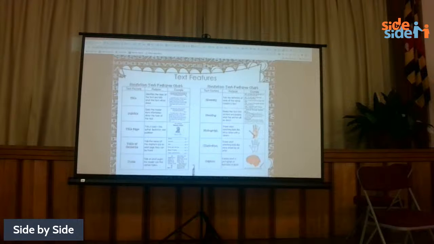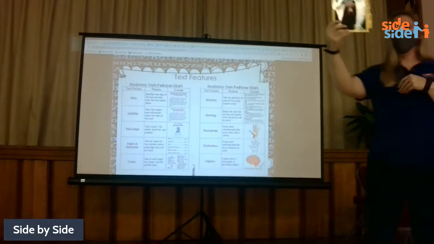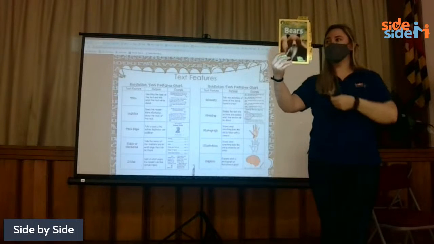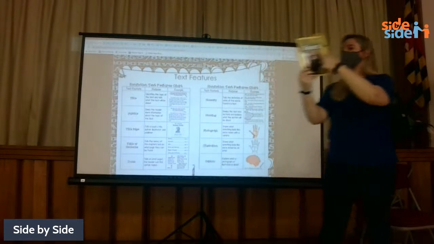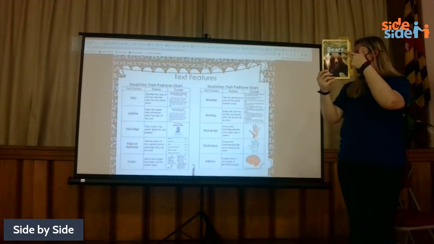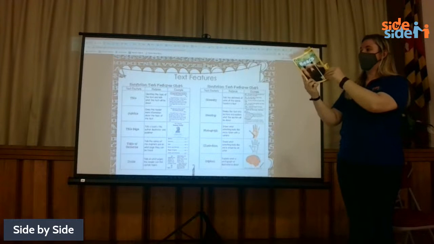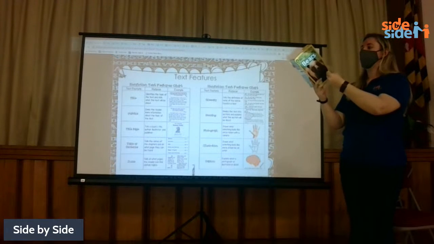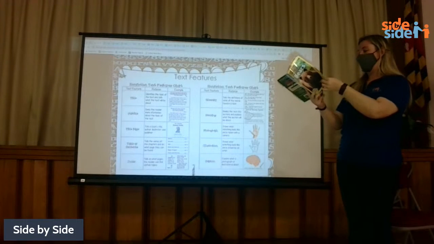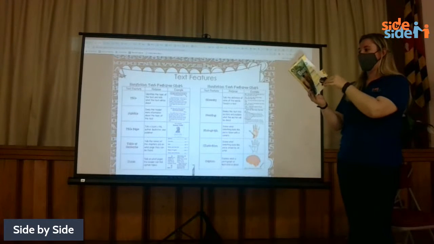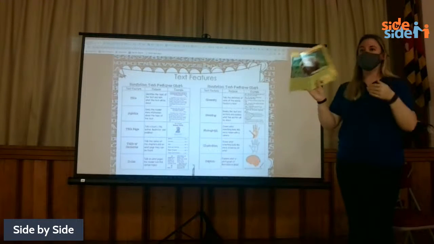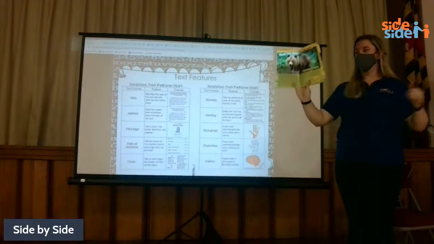So then these are kind of text features. You're going to find them inside these informational texts. Okay, they've got all sorts of stuff. So you're going to see inside this the title. That's going to tell you what it's about. Now you might not see all of these in one book, especially with the younger ones, because they don't want to overwhelm them.